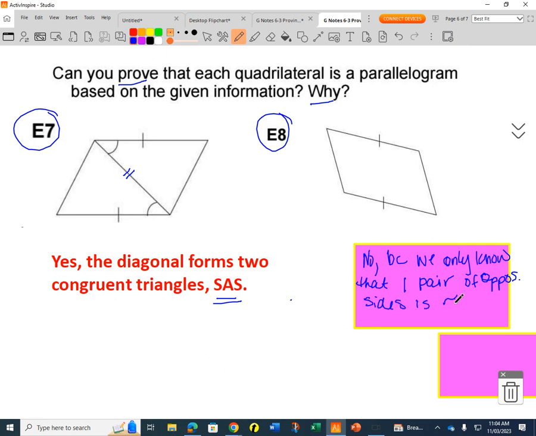We would need to know that either this opposite pair of sides is also congruent, or that this same pair of congruent sides are also parallel. That was the new one we learned today.